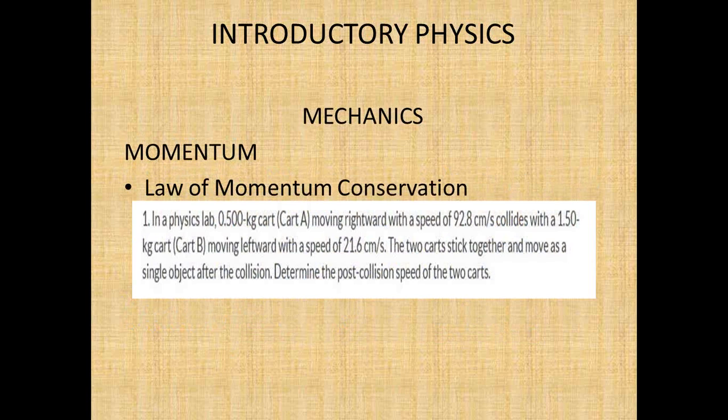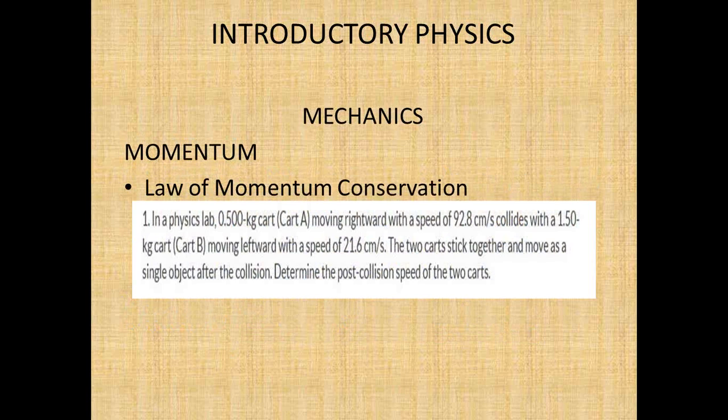The two carts stick together and move as a single object after the collision. Determine the post-collision speed of the two carts. So you have two carts colliding, one moving to the right, one moving to the left, different speeds, different mass, and they collide.